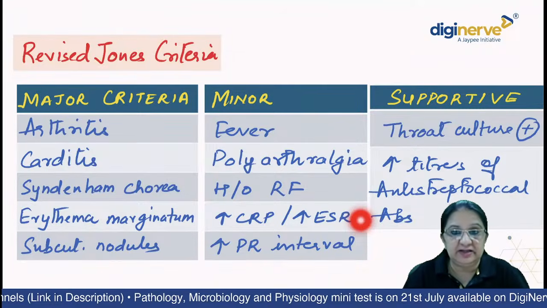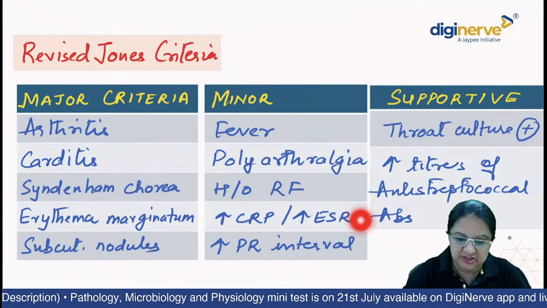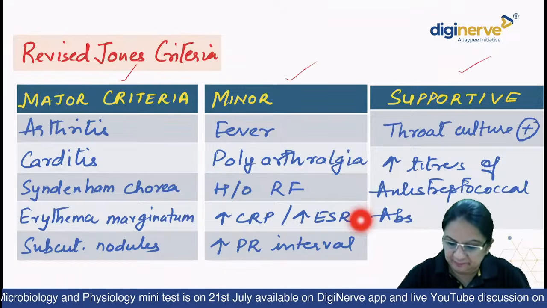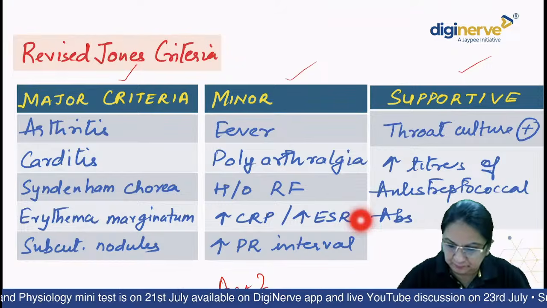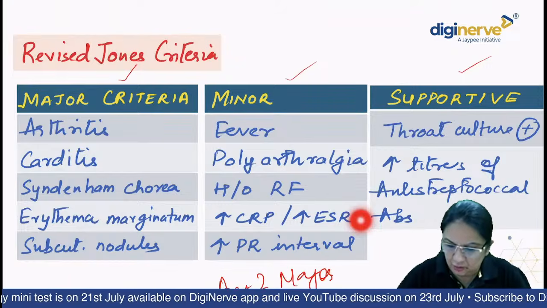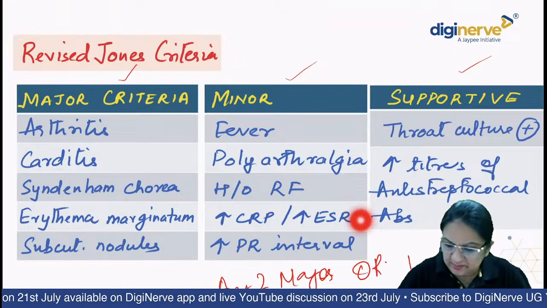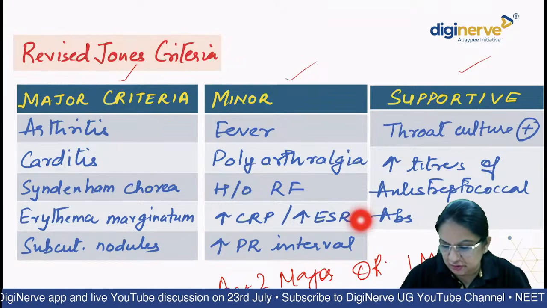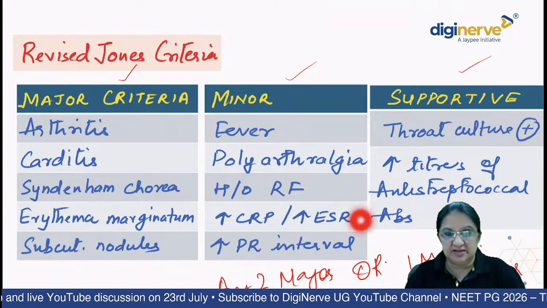Revised Jones criteria. I hope all of you know what the major criteria, the minor criteria, and the supportive criteria are. Any two major or one major plus two minor criteria. I'm sure you will be repeating this in medicine classes also.